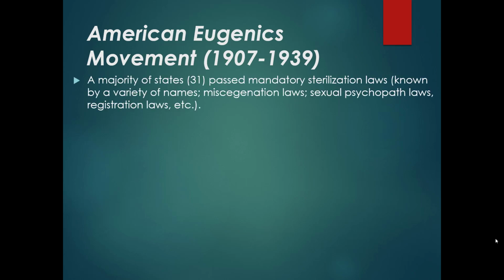Indiana was the first state to legalize forced sterilization in 1907, but many other states followed suit. In fact, a majority of the states passed mandatory sterilization laws, known by a variety of names, such as sexual psychopath laws, registration laws, etc. But the main point was to prevent women who carried bad genes from having children.